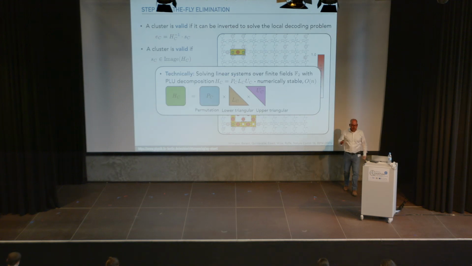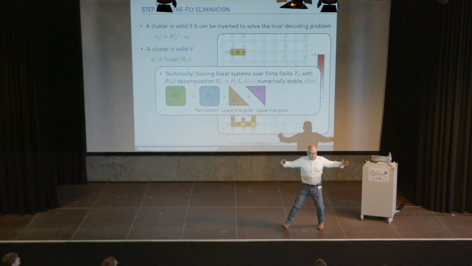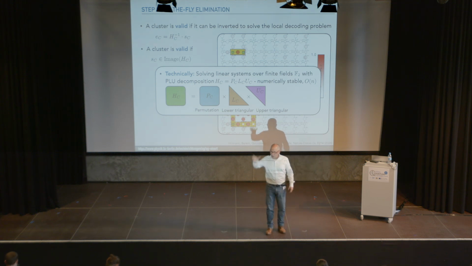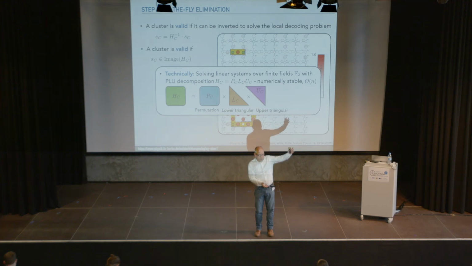And that's actually much of the meat of this paper, where we technically solve linear systems over finite fields with a PLU decomposition, so in terms of permutations, lower triangular matrices and upper triangular matrices, to make them numerically stable, which works in order n. But it has many cute features, namely that you can build up stuff step by step. You can use what you've done before, and when you grow the cluster, you append another column on the right-hand side and massage the matrices to keep the form that you have.